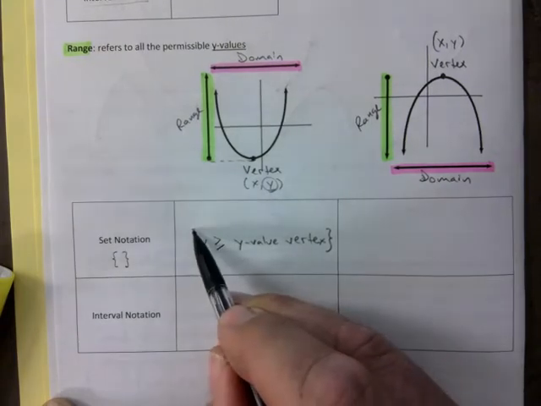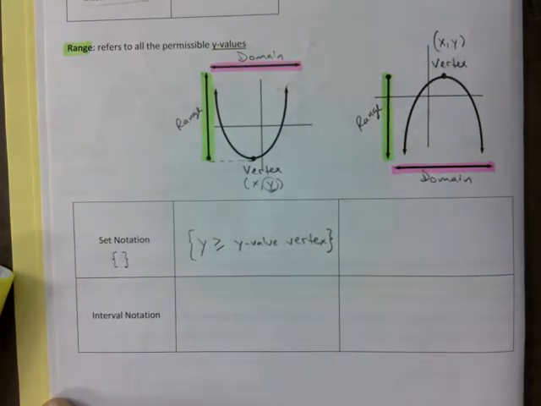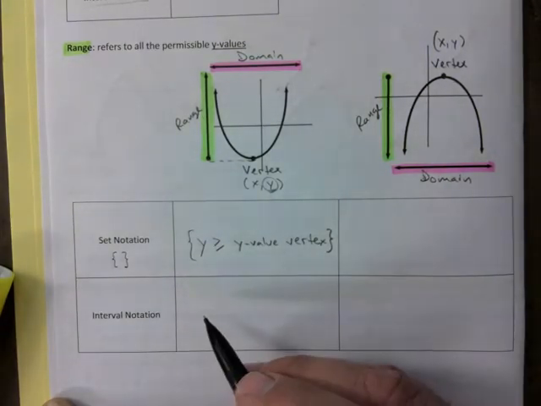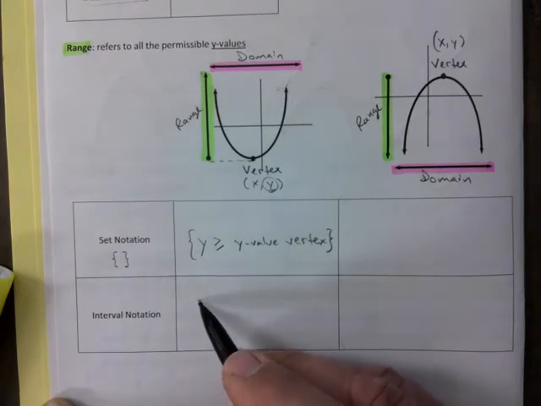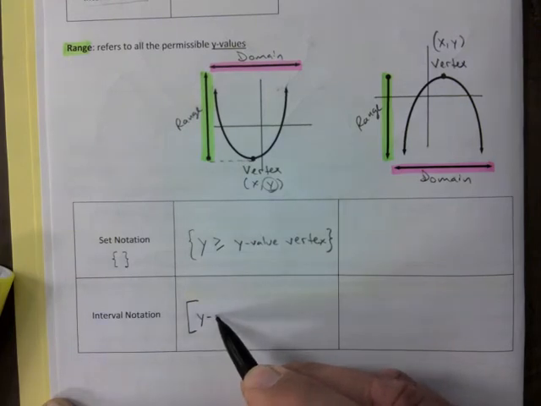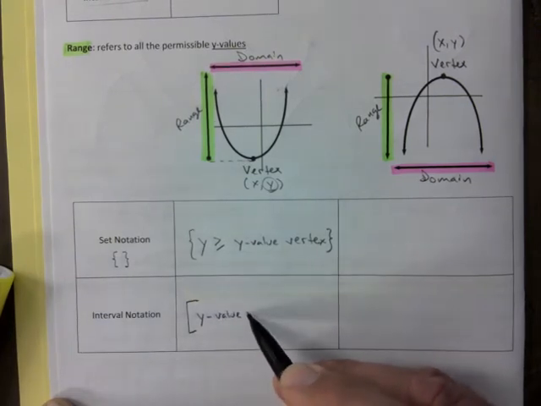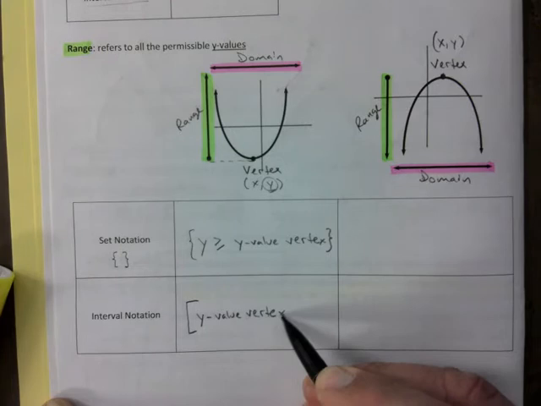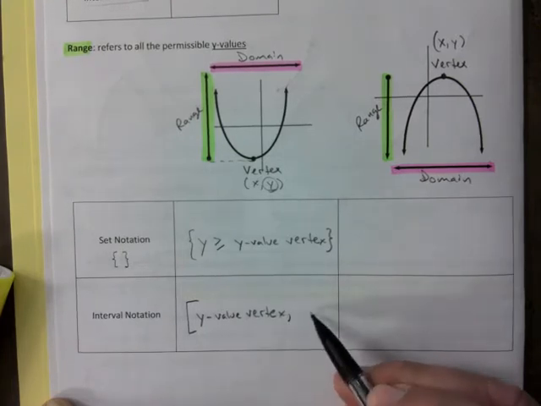So that's going to be a number. Interval notation would be the y value of the vertex, comma, infinity.